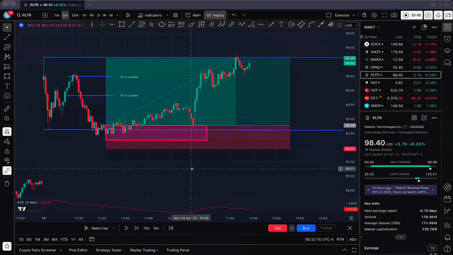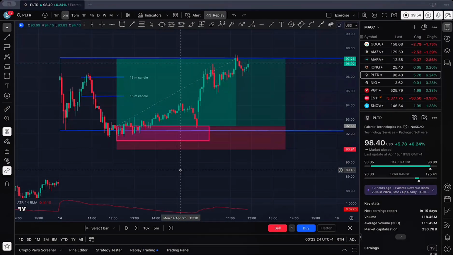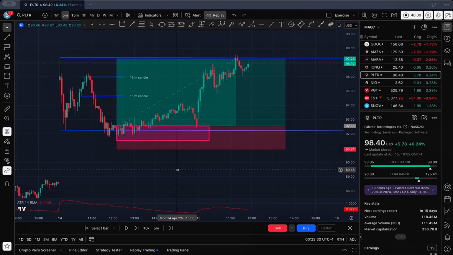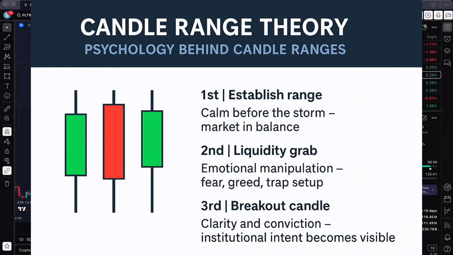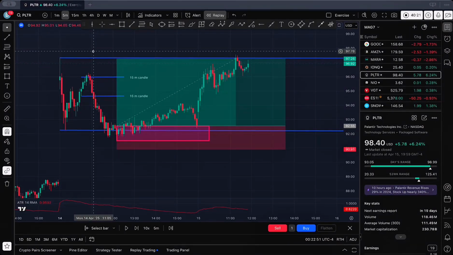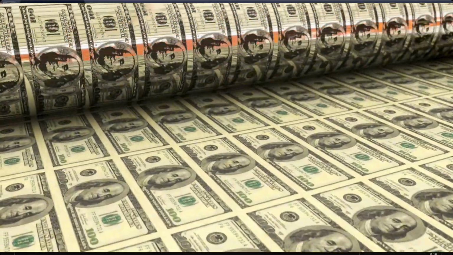So, just to recap what we have seen, the first thing is we have to set up the three candles. The higher time frame gives us the structure, and the lower time frame gives us the confirmation. And remember that CRT is not about prediction. CRT is about following the blueprint left by big money.